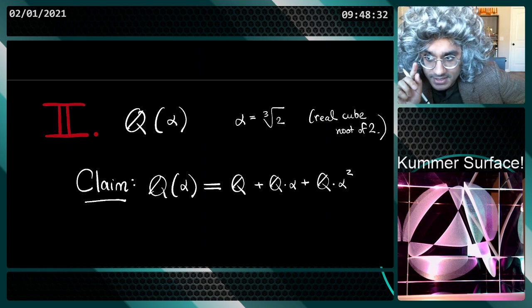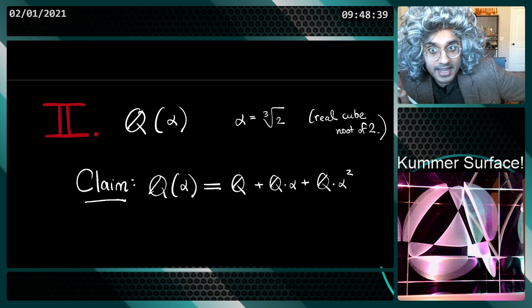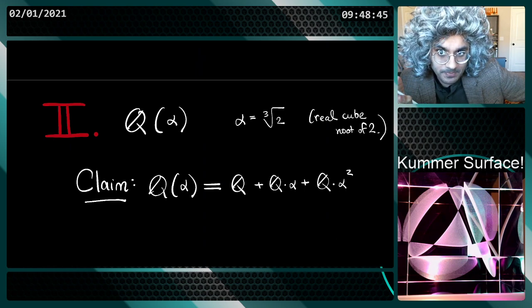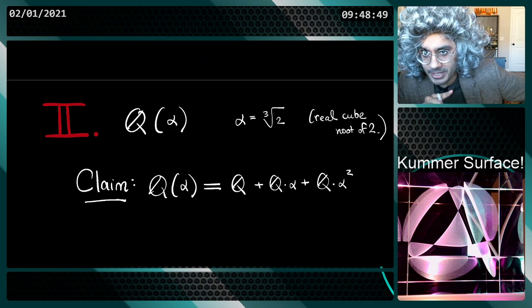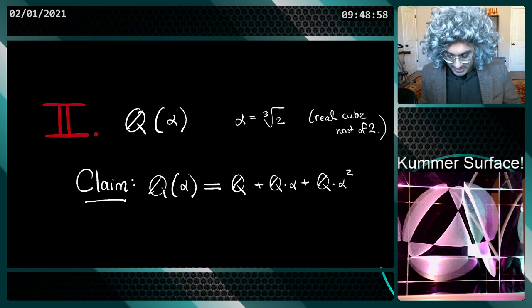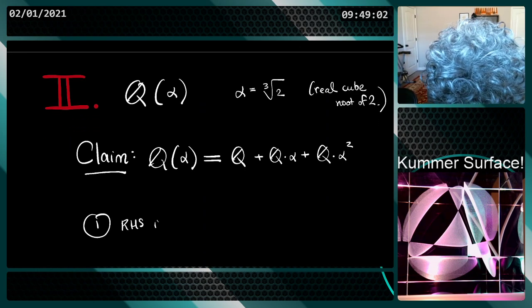Because what is the content of this statement? The content of this statement is that the right-hand side is a field. And then, if the right-hand side is a field, it must be equal to the field generated by alpha, the extension of Q generated by alpha. Okay, so that's the two-part content. All right, so one, the right-hand side is a field.